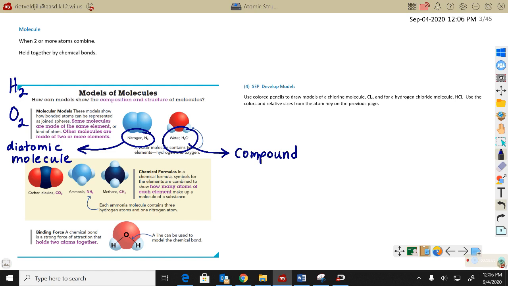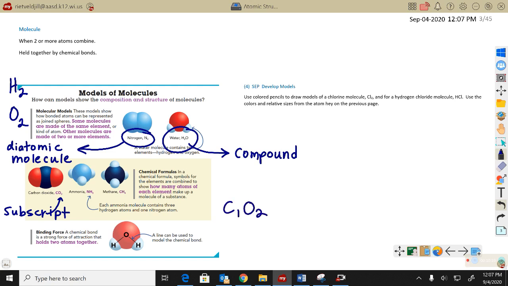And so you might remember these little numbers are called subscripts. So like this little 2 in CO2 is called a subscript. And it just means that there are 2 atoms of oxygen. Now we don't always write it like C1O2.